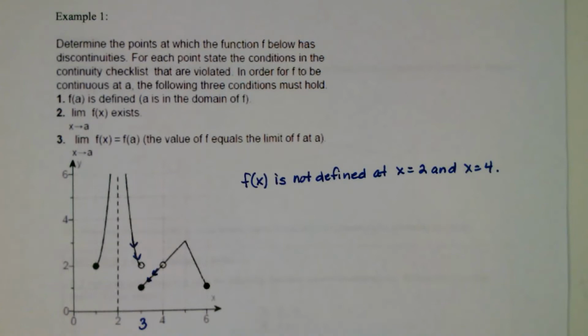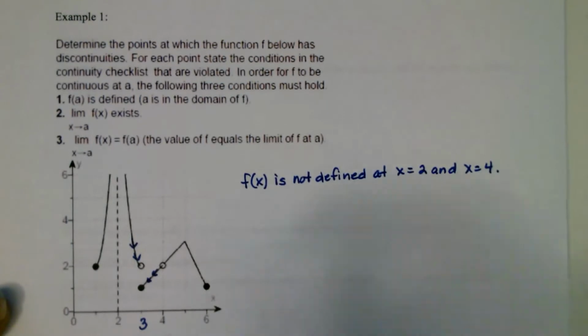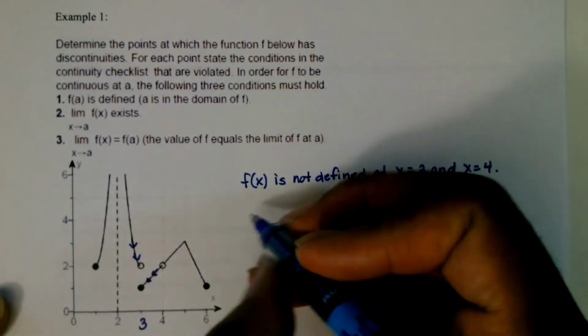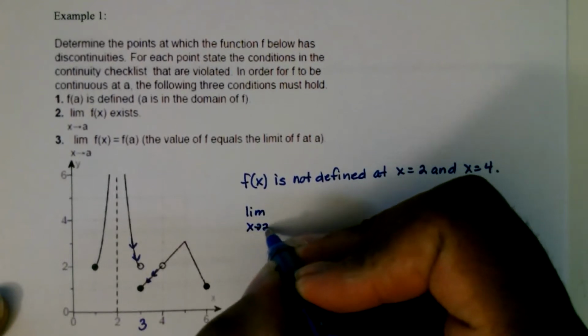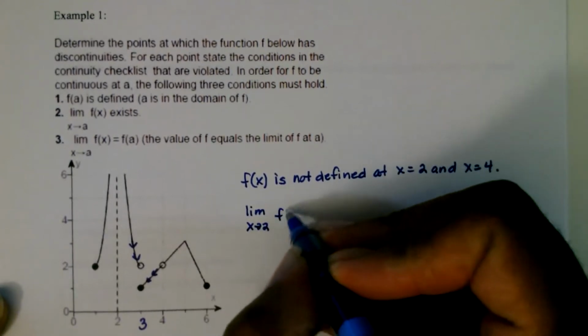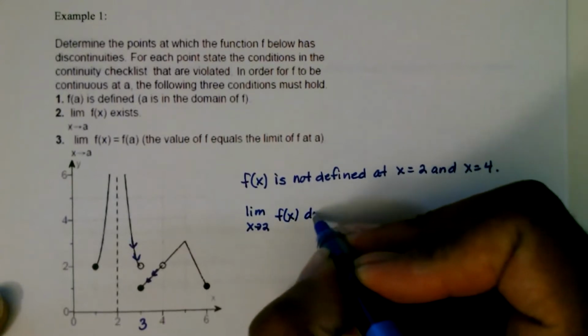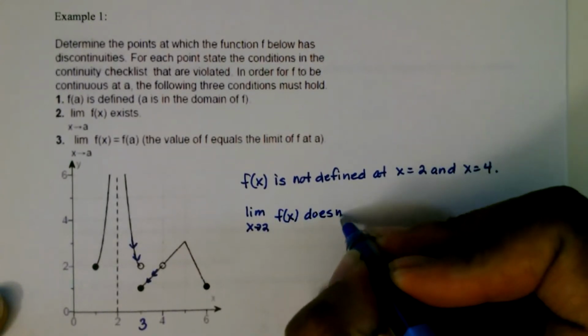From the left, it's approaching 1 value, from the right it's approaching another different value. So here we know the limit at 3 does not exist. And the limit as x approaches 2 of the function f of x does not exist.